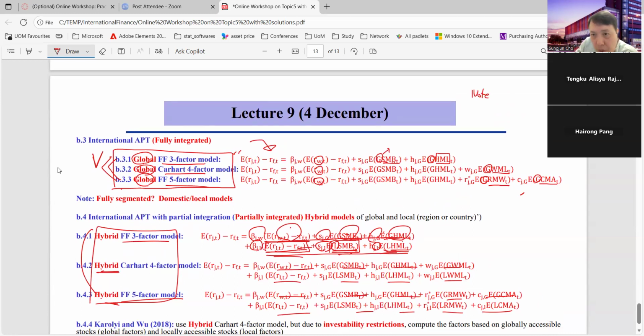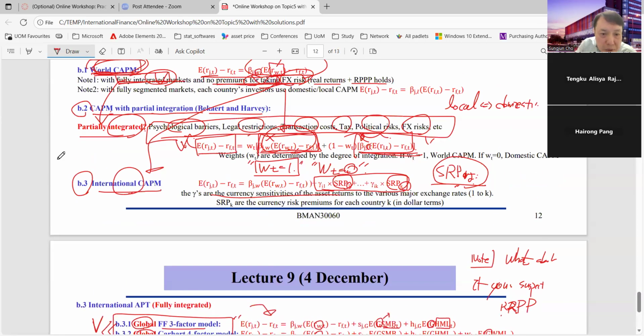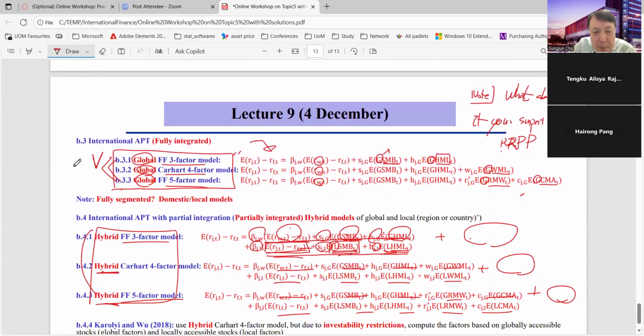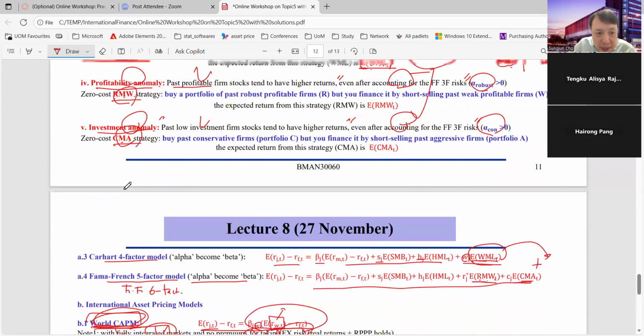Now note, what about if you suspect RPPP, relative PPP doesn't hold, then you can add currency premium to this model, based on this international CAPM. What I have been explaining is the kind of benchmark model you could use when we think about alpha in terms of international market.